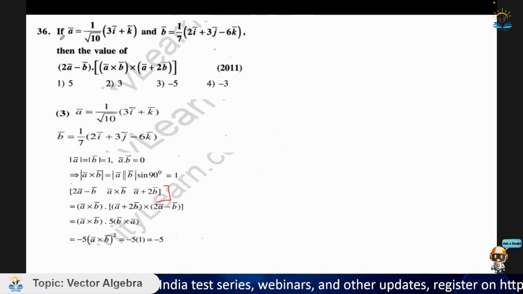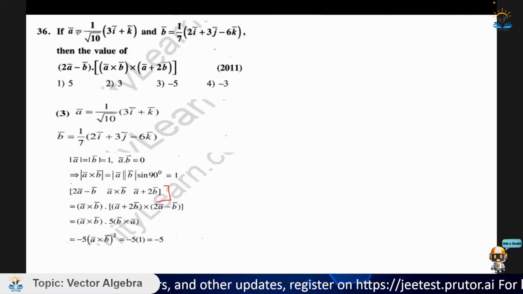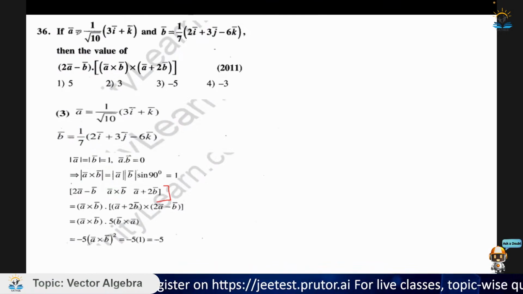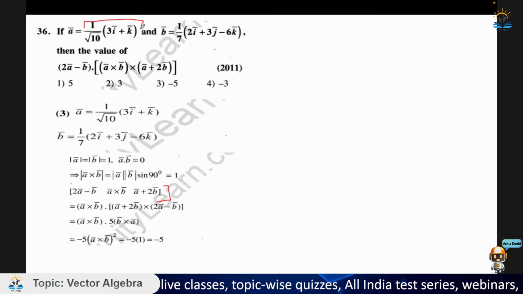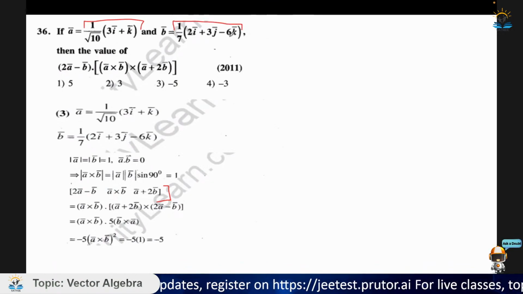We are given that A vector is equal to 1/√10 (3i + k cap), and B vector is equal to 1/7 (2i + 3j - 6k). Before seeing the question, we have this observation that this vector is a unit vector, because its magnitude is 1. If we find its magnitude we get 1/√10 times √(3² + 1²), which is √10/√10, which is 1. And the same observation you can make here. Take the magnitude: 4 + 9 + 36 is 49, and the root of 49 is 7, so it also has magnitude 1.